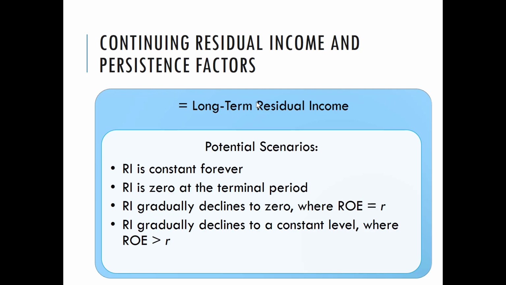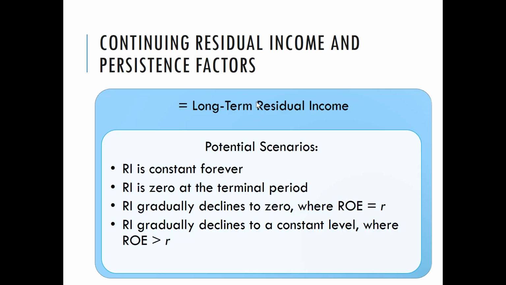And really the idea here is that we know from our forecasting week, when we talked about mean reversion, that it's hard to make above average return on equity compared to others because of competitive forces. So similarly, over time, residual income will gradually decrease because of new entrants to the market.